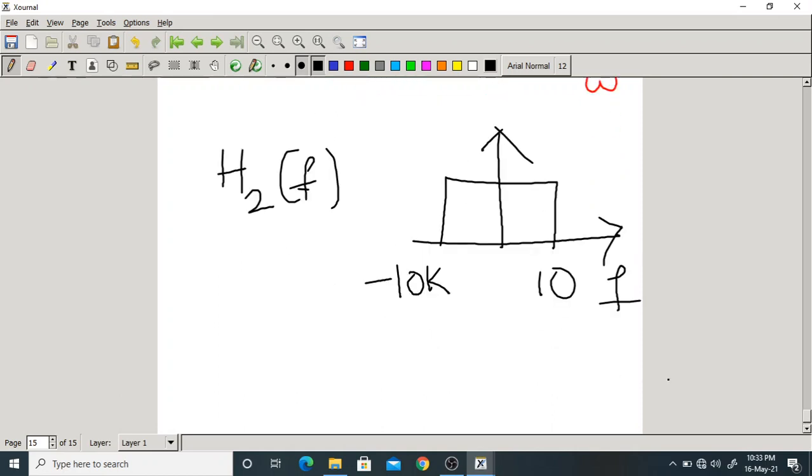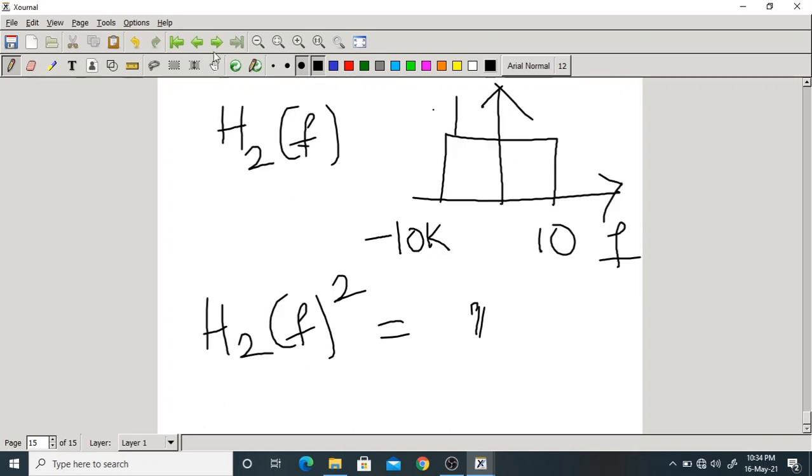So what is the mod of this? It is not required because it is real. What is H2 of f whole square? It is the same. This is 1, no? Here it is 1. So what is H2 of f whole square? It is the same.